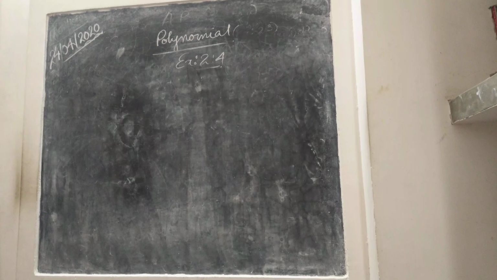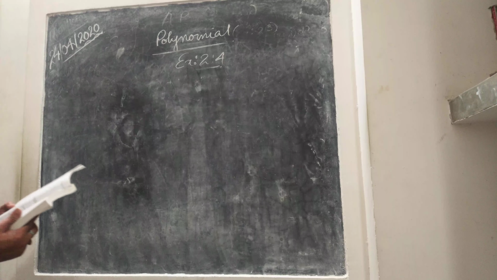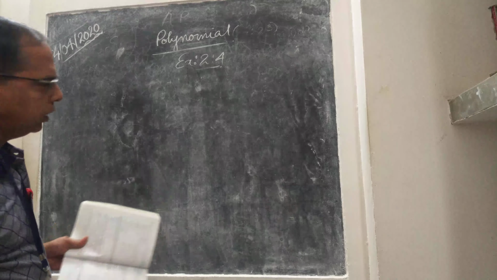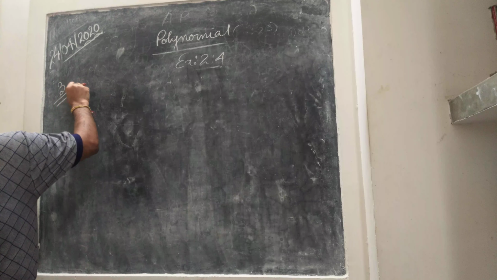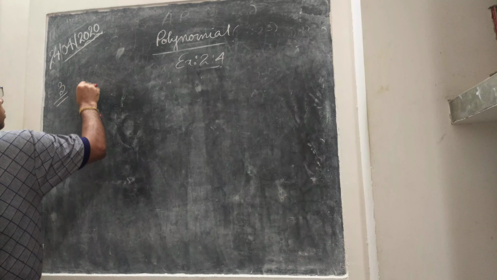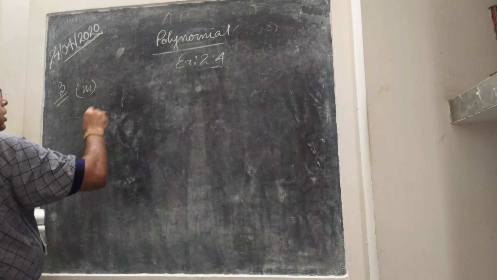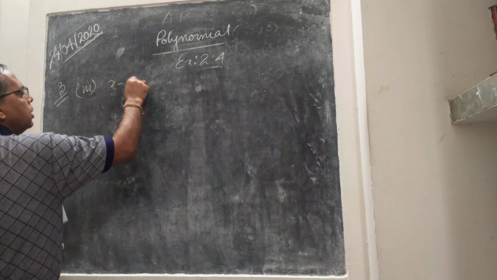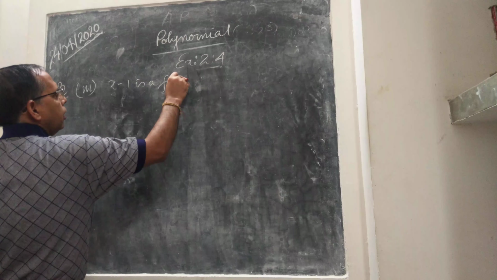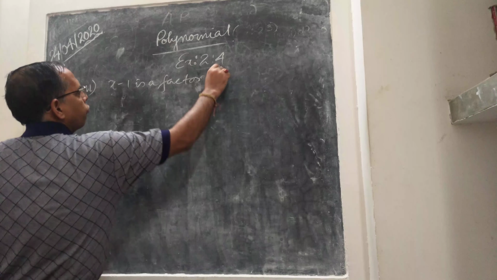Here it is given, find a value of k if x minus 1 is a factor of px. That means, as x minus 1 is a factor of px.